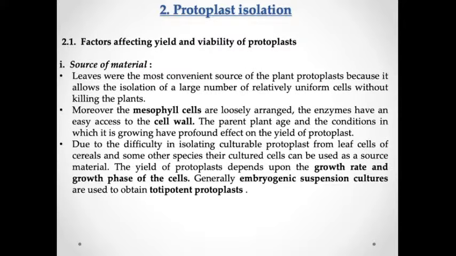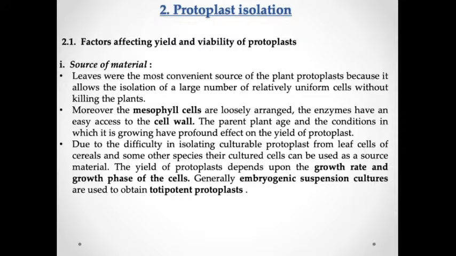Factors affecting the yield and viability of protoplast are as follows. First, the source of material. Leaves are the most convenient source of plant protoplast because they allow the isolation of a large number of relatively uniform cells without killing the plant.